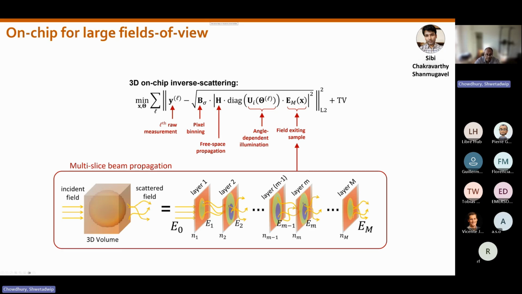So basically, we have our standard multi-slice approach here, and the last field that's exiting the sample can then be put into here, and then everything else remains the same. So we are not really changing our computational model that much. But this allows us to get three-dimensional information.